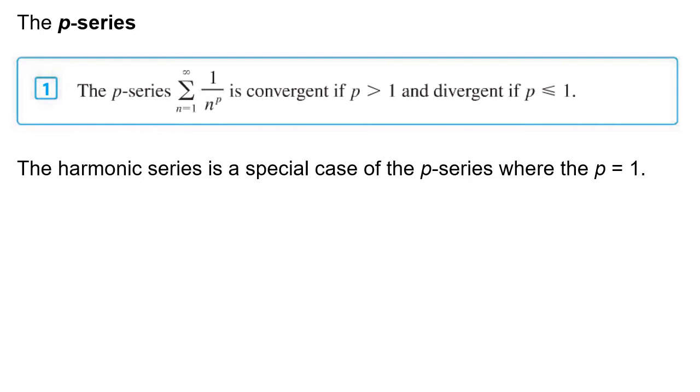One of the more popular ideas in doing this is what we call a p-series. You've seen the p-series already, if you remember from Cal 2 in that same 7.8 section. The p-series is named for the power, but it's not a power series, because that's something else we'll talk about a little later on. The p-series is the summation from 1 to infinity of 1 over n to the p, and it converges if p is greater than 1, and it diverges if p is less than or equal to 1.